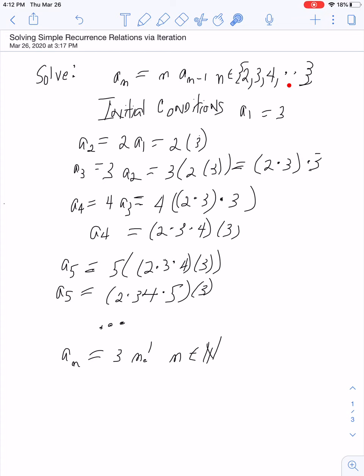Notice that my original recurrence relation was good for n element of the set 2, 3, 4, and so on.